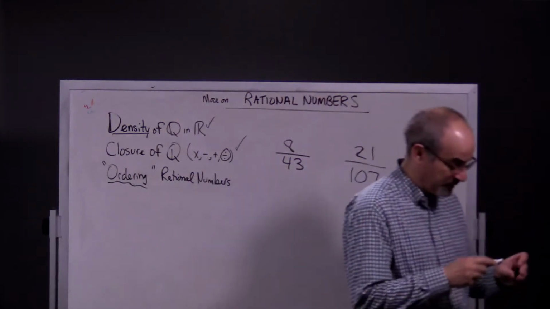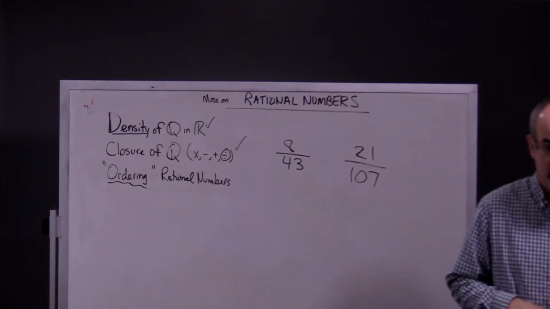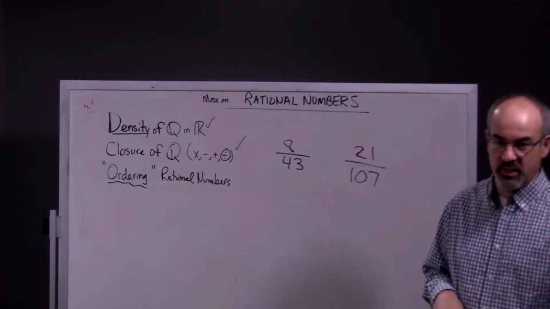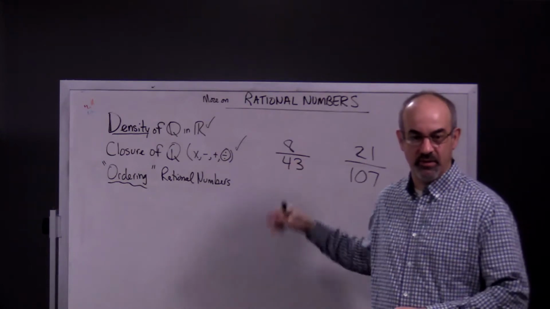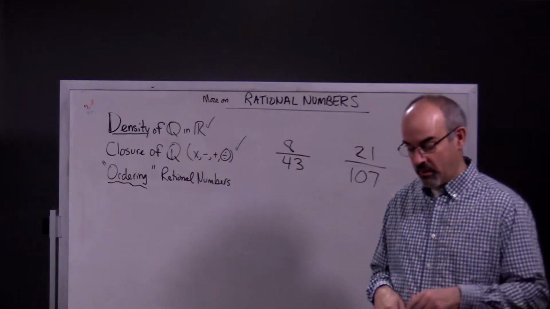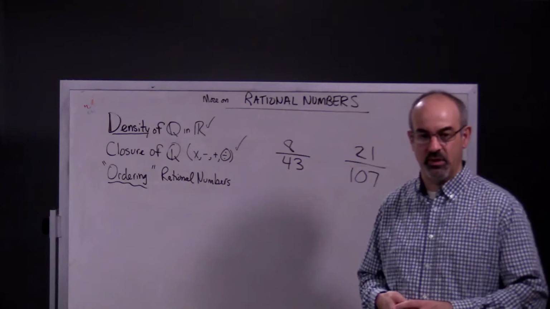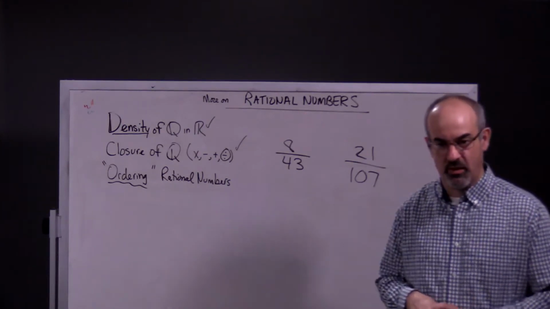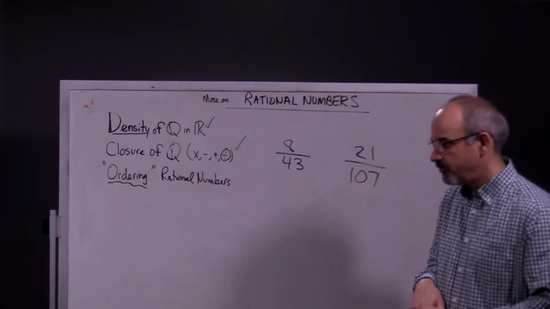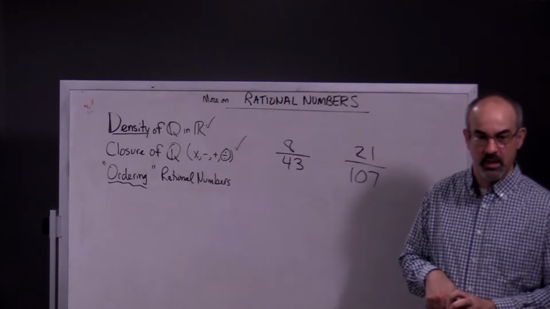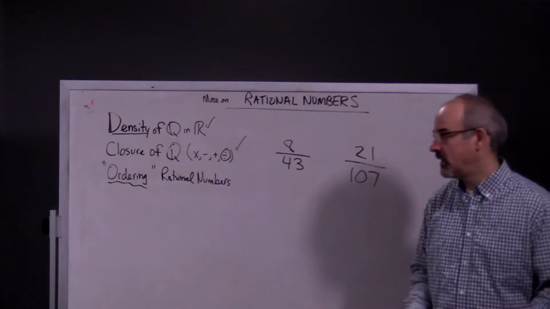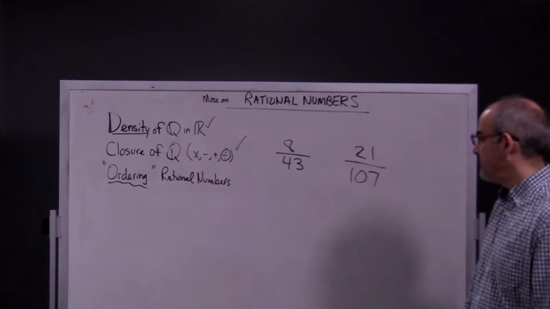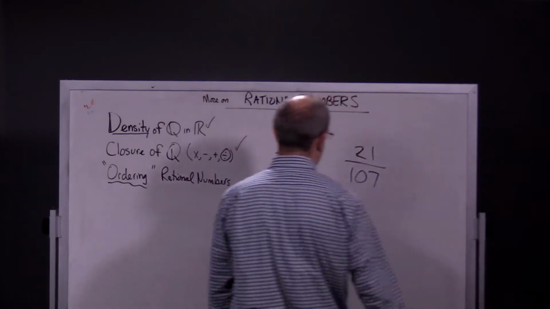I tried to make them up so I didn't already know which one was bigger, and I'm not even looking at them right now. This is where actually having real classes is beneficial. That way I could have asked everybody to write down a rational number. Then I could have picked a few and we could have figured out which one was bigger.